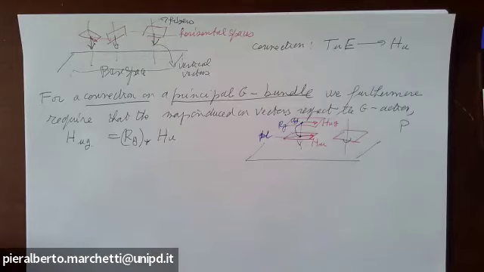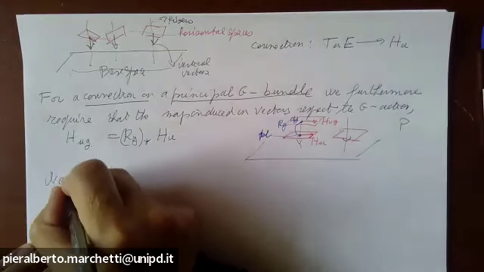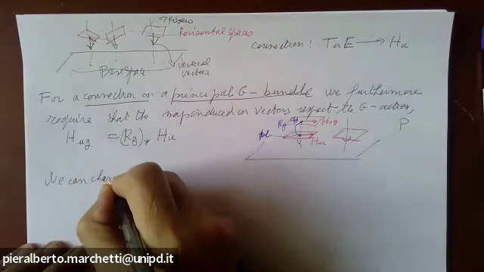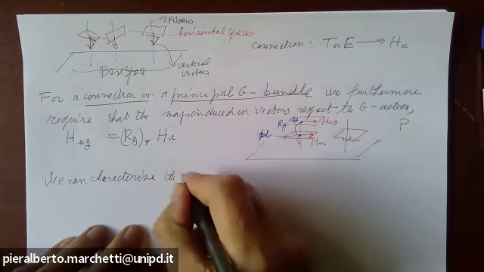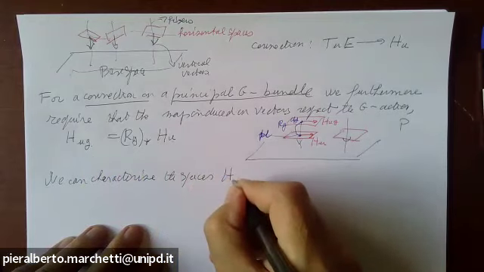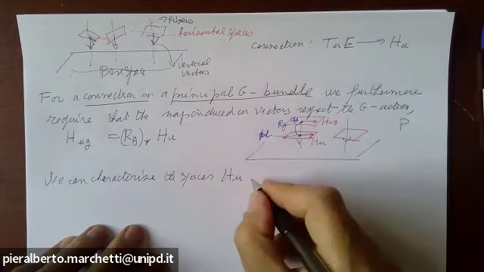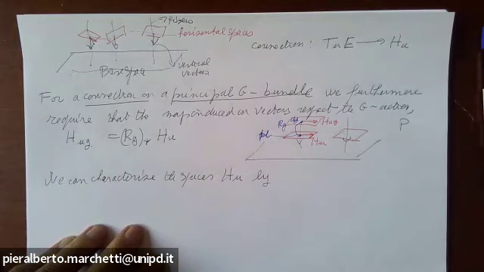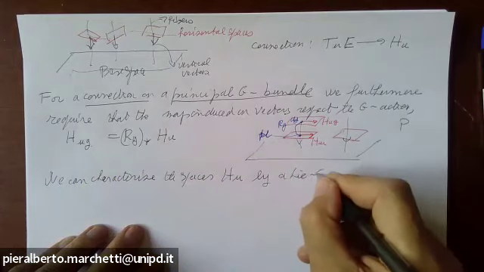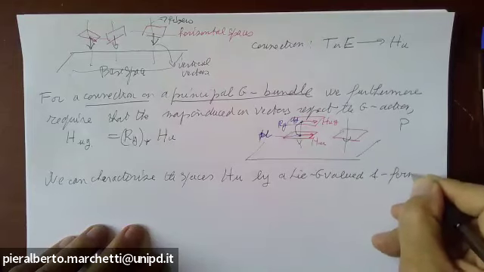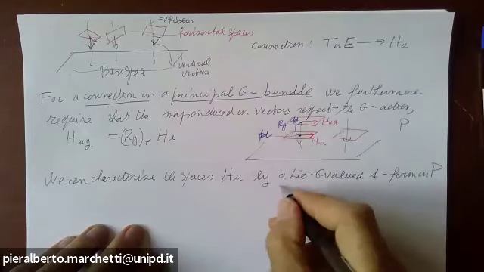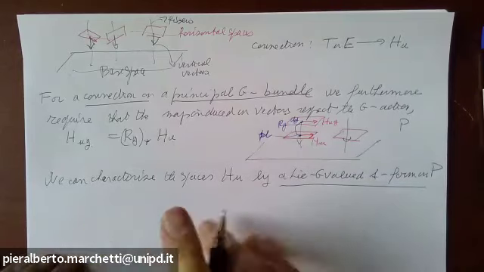Okay. So the point is that because you have the action of G, we can characterize the horizontal spaces H_U by now a G-valued one-form on P. Let's call it omega.